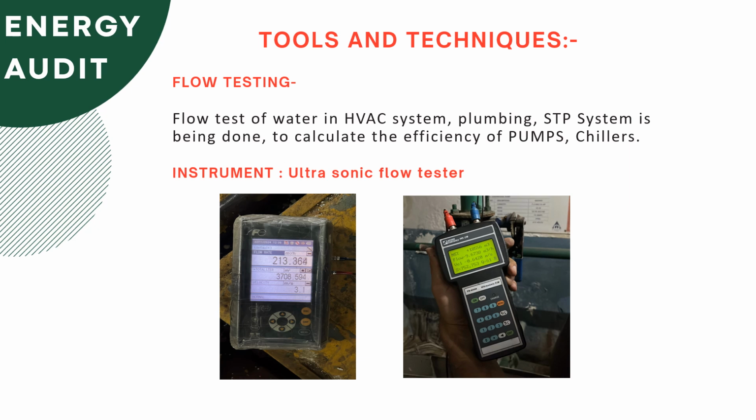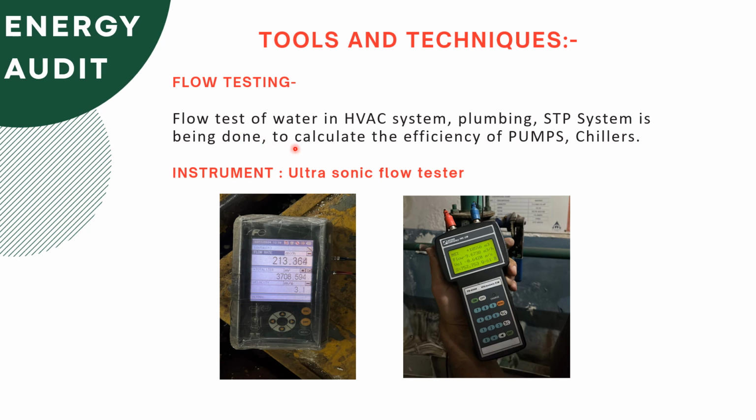So friends, first one is flow testing. Flow testing, as the name suggests, is where the flow of a liquid is tested in different areas and different systems. Like in an HVAC system, we check the flow of pumps, the flow coming through chillers, and we also check the cooling tower (CT) flow, to check the efficiency of pumps and the efficiency of chillers.